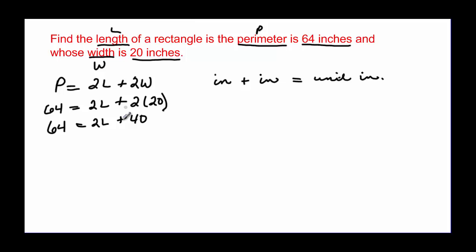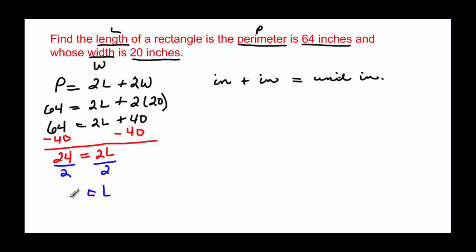And now we know that we need to subtract the 40 to peel off the constant layer. And we have 24 is equal to 2L. And then if we divide that by 2, we're going to find out that the length is equal to 24, which means that in a sentence, the length is 24 inches.